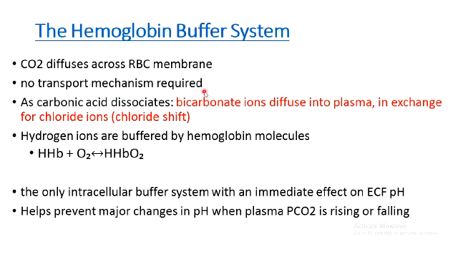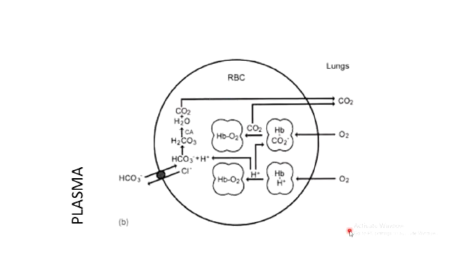So this hemoglobin buffer system prevents any major changes in pH when the plasma carbon dioxide concentration is rising or falling. Here you can see that this is a red blood cell, and from the red blood cell carbon dioxide is being released into the lung alveoli.